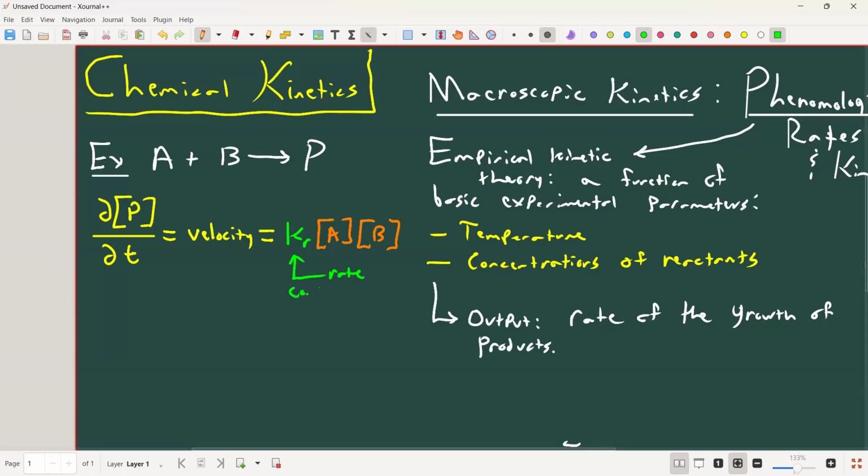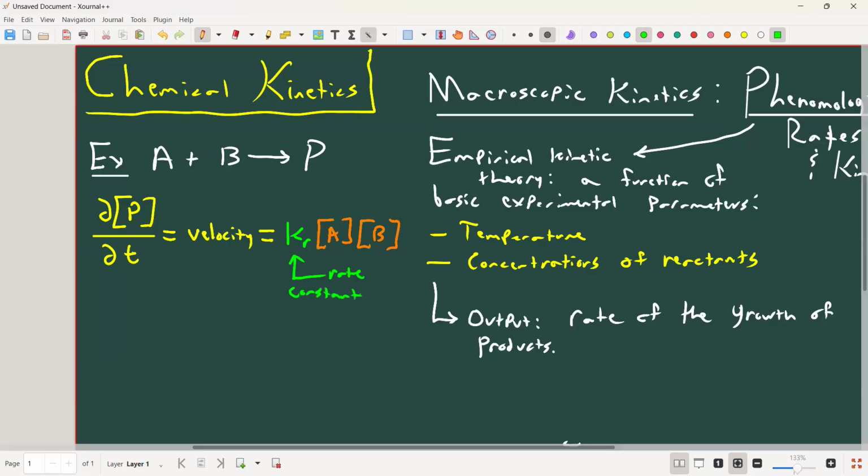There's some proportionality constant that takes input concentrations and temperature and gives you a speed of formation. That's kinetics. And these are all things that we can measure.